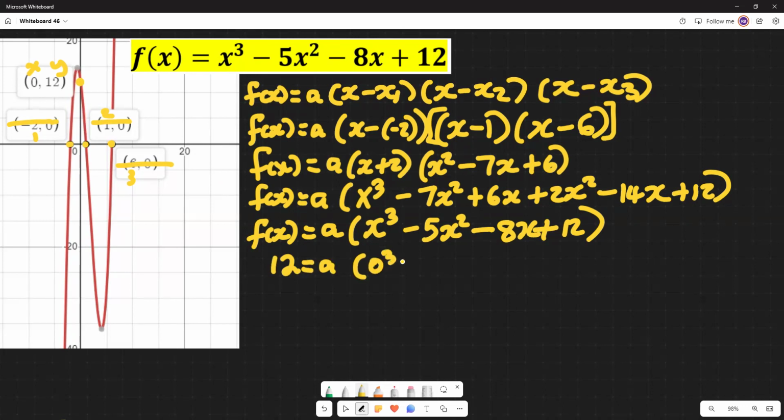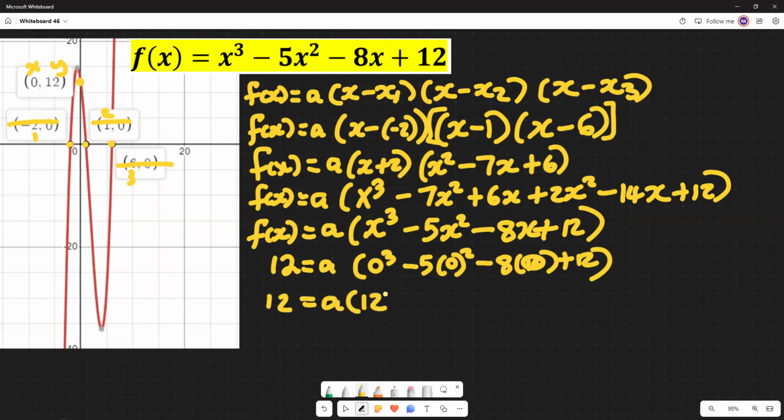So here I have 0 to the power 3 minus 5 times 0 squared minus 8 times 0, plus 12. Then we can all see, ladies and gents, that in the bracket we're remaining with 12. Therefore we can see that a will be 1 when we divide both sides by 12.